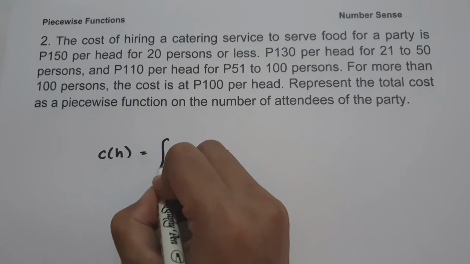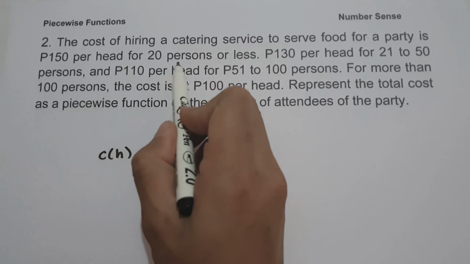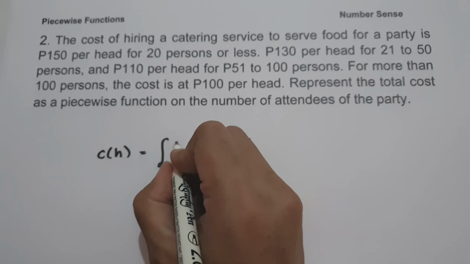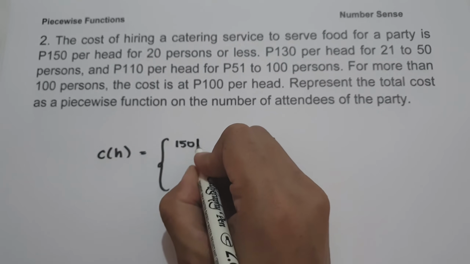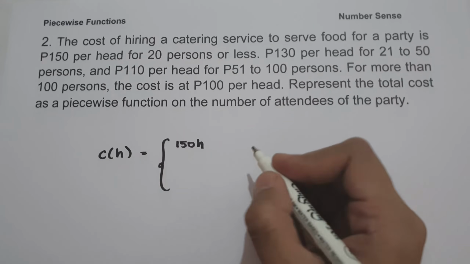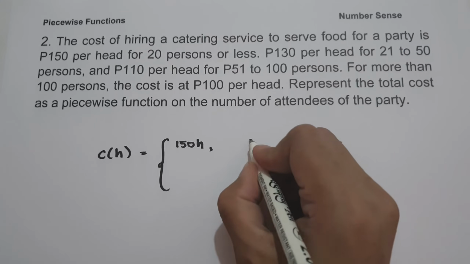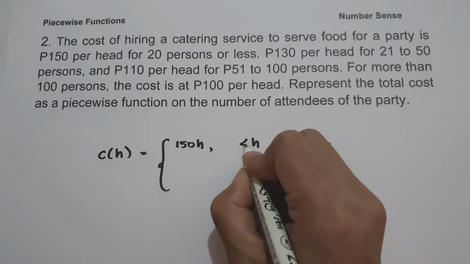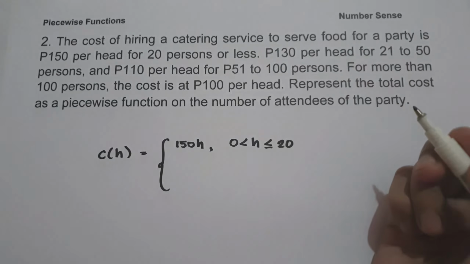In our first statement, the cost is 150 pesos per head for 20 persons or less, so we are going to have 150 times the number of attendees for 20 persons or less. And for our interval, since we have 20 persons or less, we are going to have H is greater than 0 but less than or equal to 20.